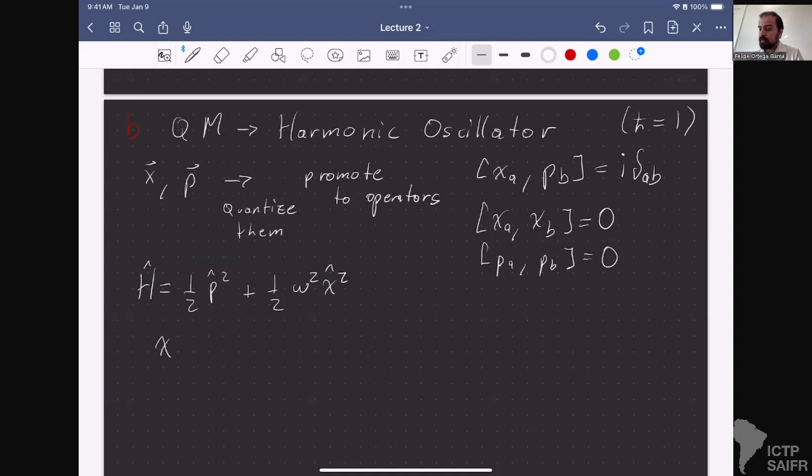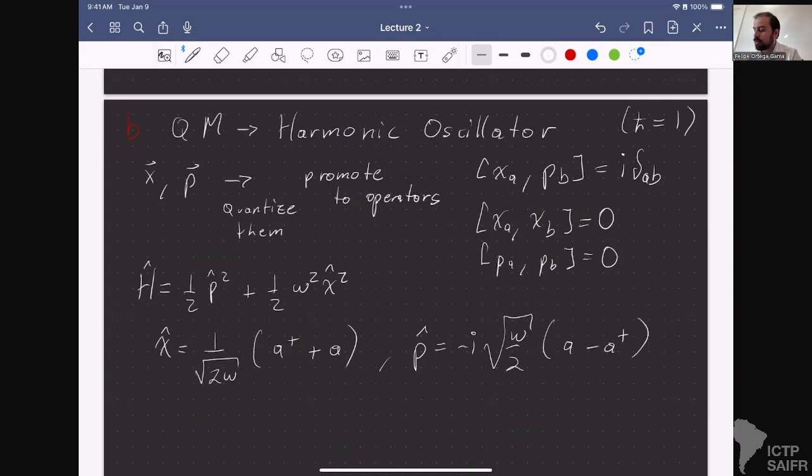There's a nice trick where you can change the basis, if you wish, to another set of operators called A and A dagger. So you can propose this alternative for the position, and you will find that if you want to reproduce the commutation relation, then the momentum is going to be given by this other operator.